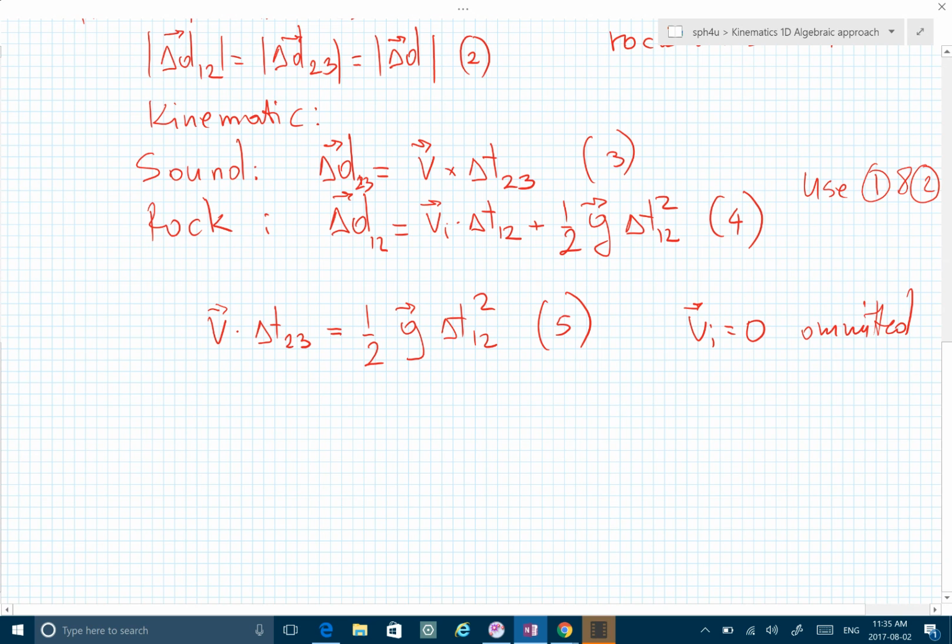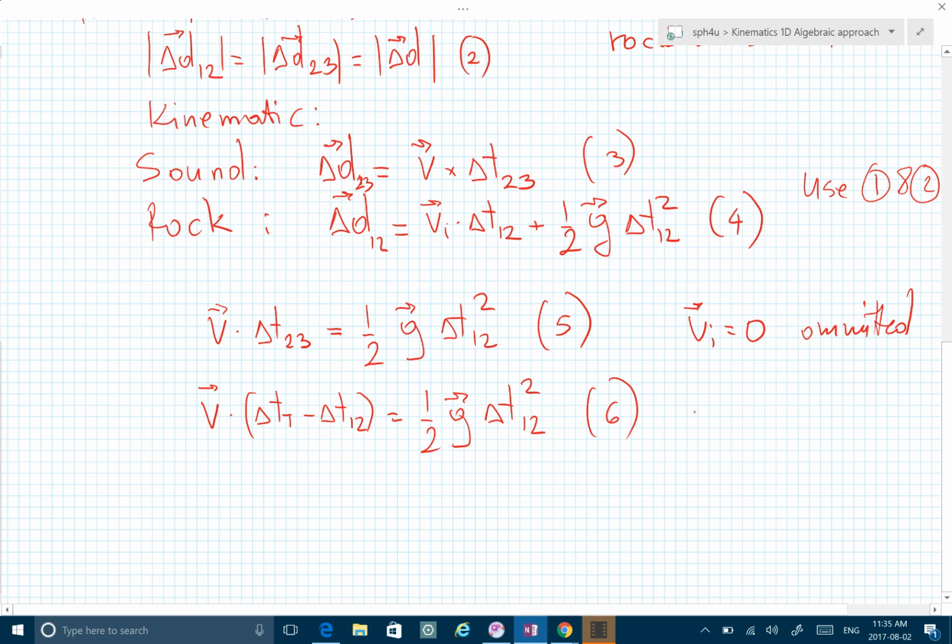Now we can also use the relationship between the times, right? So we can write v times delta t total minus delta t from 1 to 2. So whatever 3.2 seconds minus whatever time it took the rock to travel down is equal to half of g delta t from 1 to 2 squared.